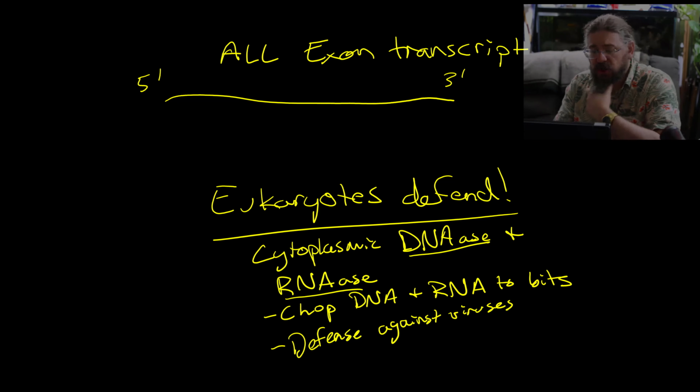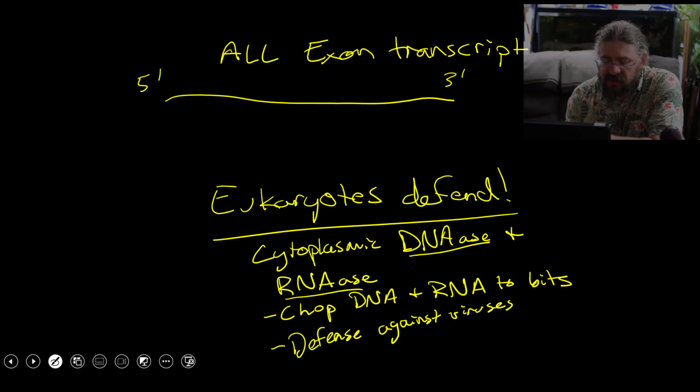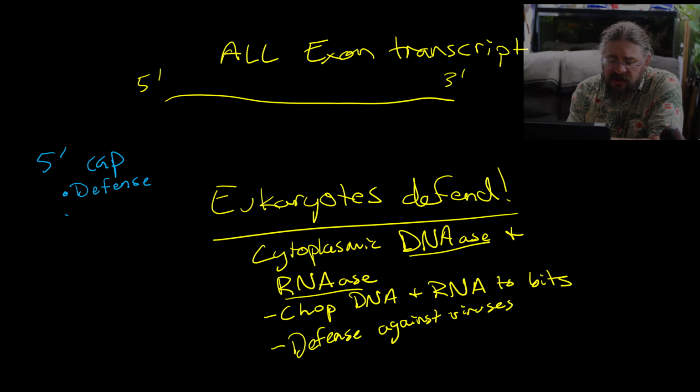So there are two basic structures that provide us our defense. The first is the 5' cap, right? So the 5' cap gives us two things. One, defense against our DNAases and RNAases, and two, it's a chemical where ribosomes bind.